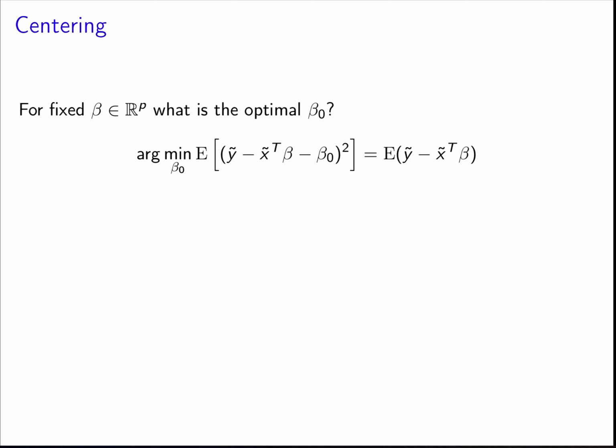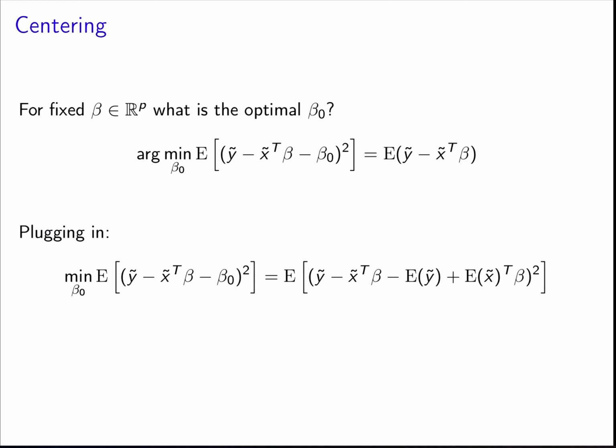So now we can just plug it back into this expression. We minimize over beta 0 and plug in the beta 0 that is always the best. By linearity of expectation, that beta 0 is the expected value of y minus the expected value of x transpose beta.